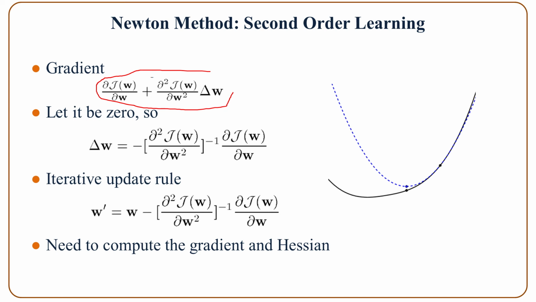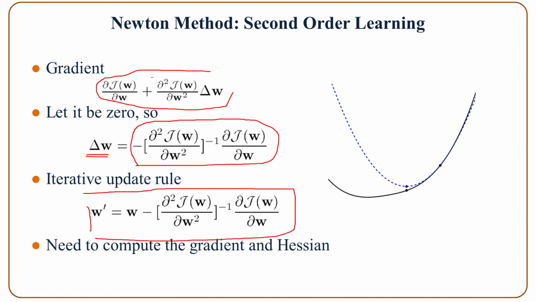Then we can solve for delta W, which is negative the first derivative divided by the second order derivative of the cost function. So from there we can see the iterative update rule. We update the weight using that delta W. The drawback of this method is that we have to compute both the gradient and the Hessian.